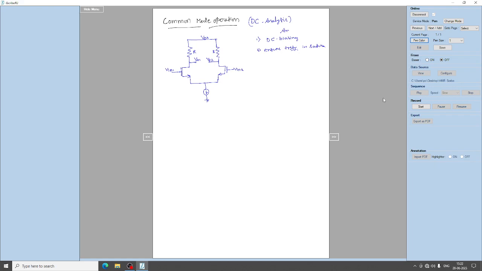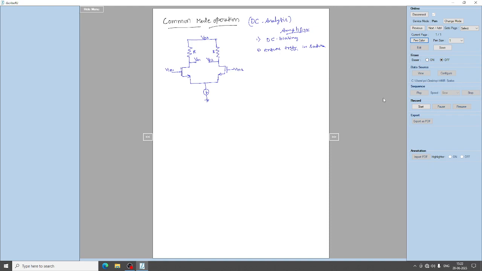For the circuit to work as an amplifier, these two important points have to be taken care of: DC biasing has to be provided and the transistors should be working in the saturation region, right?